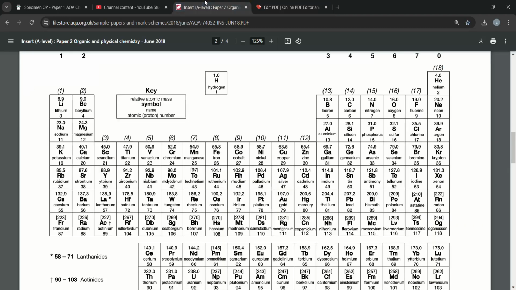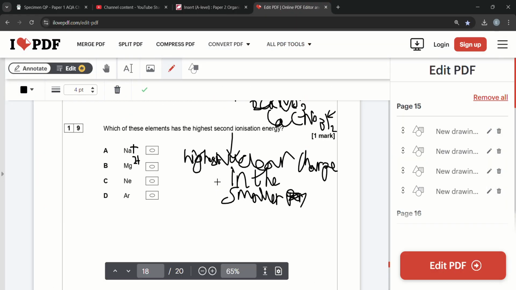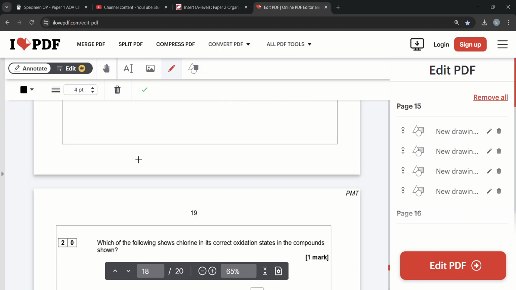So look for neon and argon. The second ionization energy is going to be sodium. It's a lot harder to get rid of that second electron.